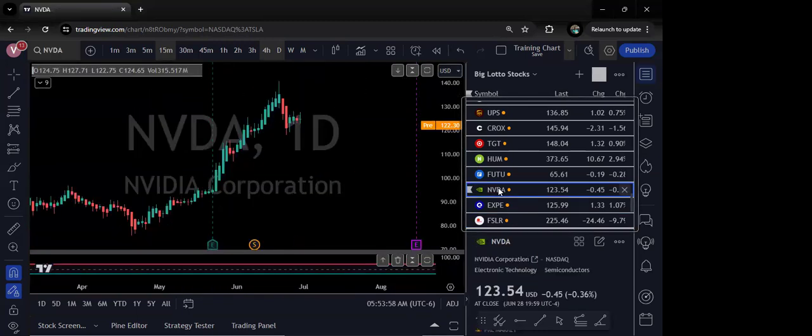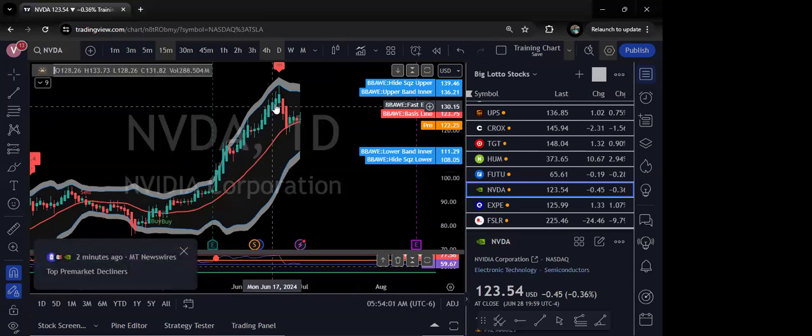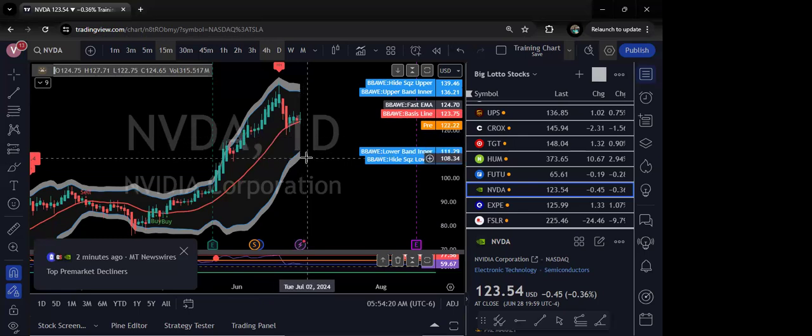So like here, NVIDIA has just been walking, then the band is widening. You can have the band coming together again after a pullback, or that stock dropping below the mid band and then continuing down.